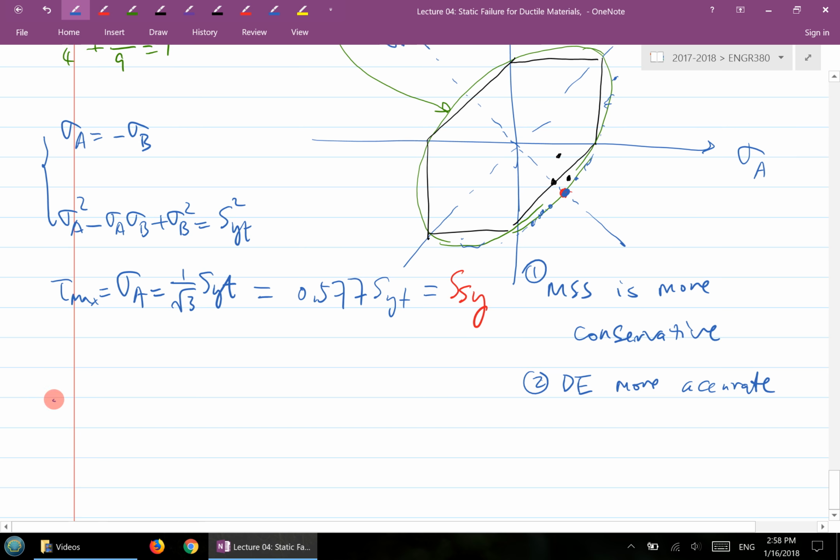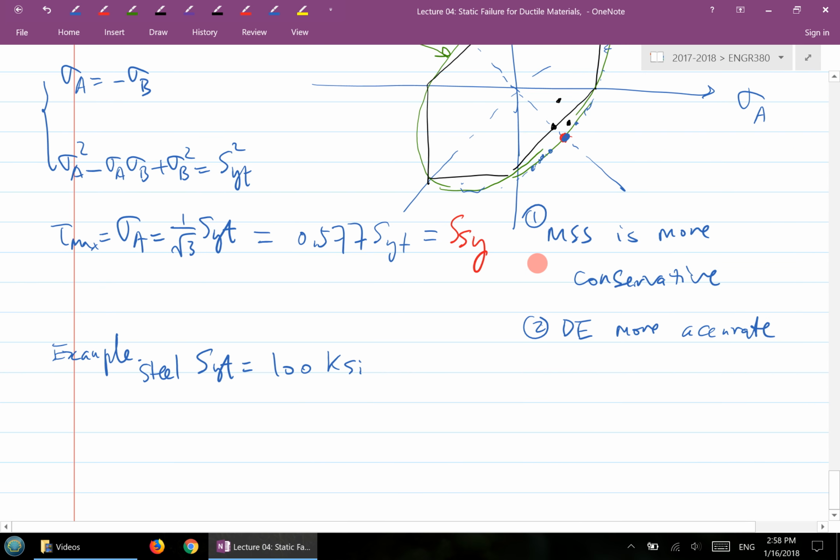Okay. So let's take a look at the quick example right here. Let's say we have a material, a steel, and its yield strength is 100 psi.